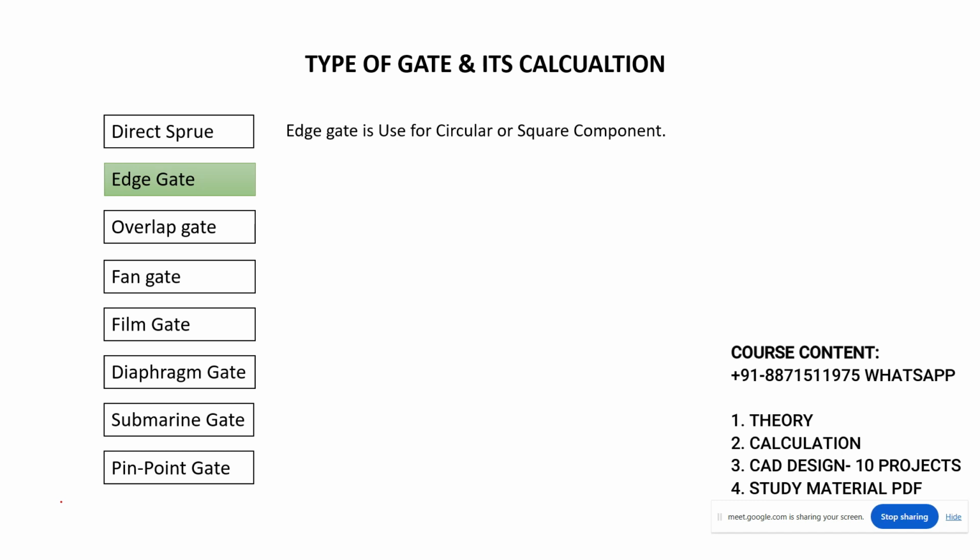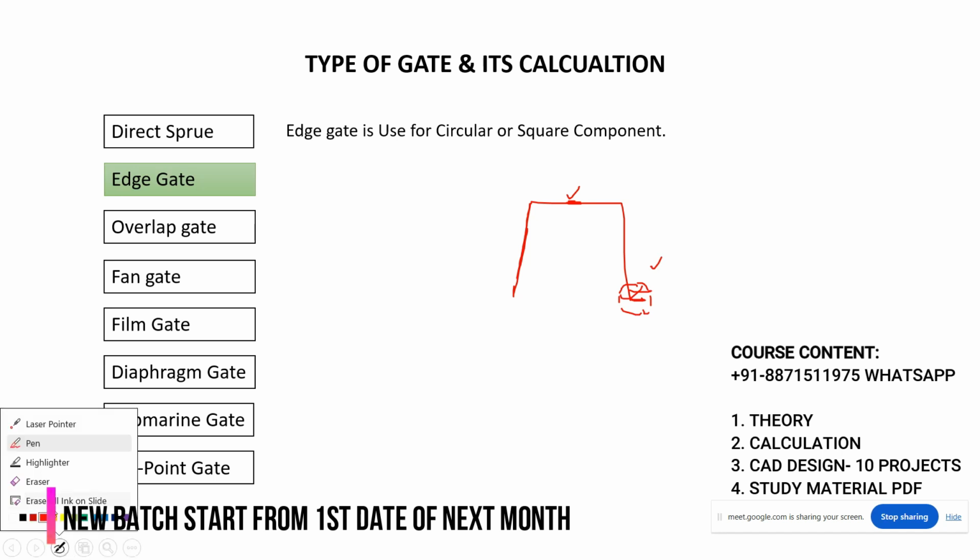But it depends upon the application of the component also. For example, as I told you, the customer says this phase of the component is very critical for us. This phase is also very critical. But you can take the gate position at this point, if the customer suggests, so we can take it here. Now see here.